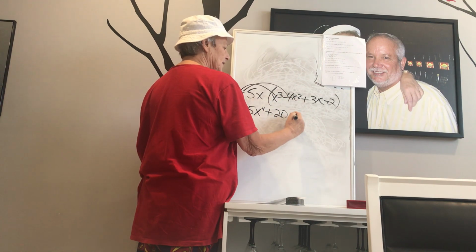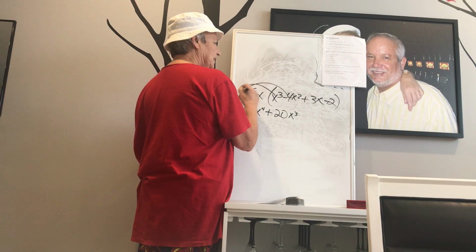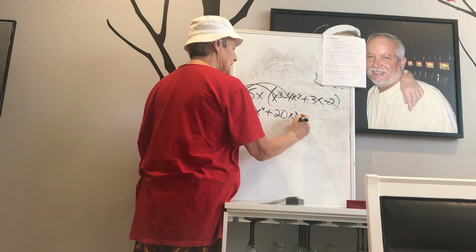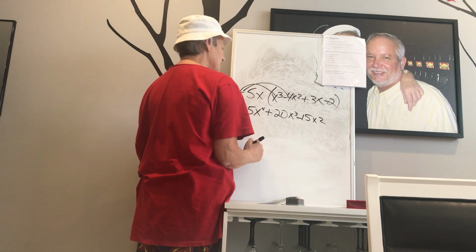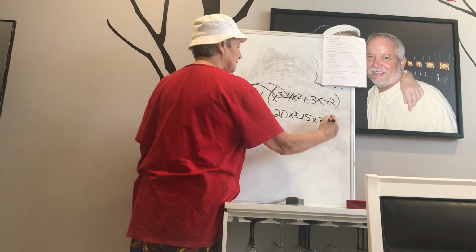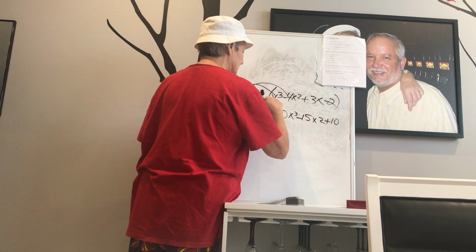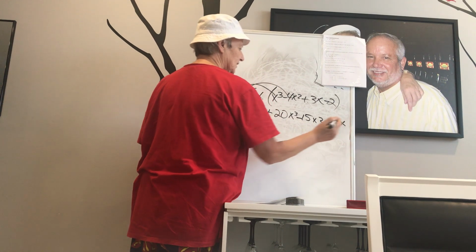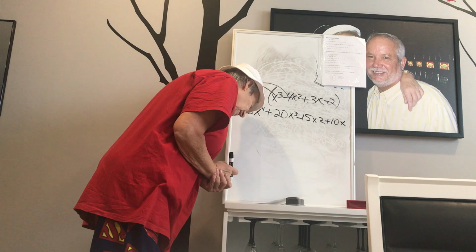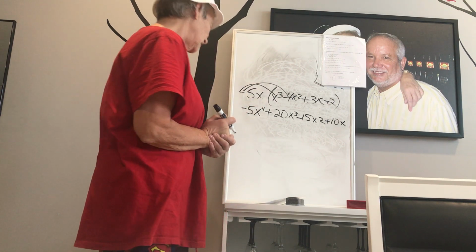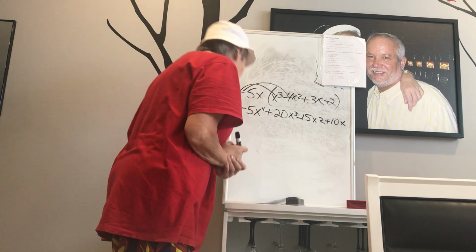X times x squared is x cubed. Negative 5 times positive 3, negative 15. X times x, x squared. Negative 5 times negative 2, positive 10. X times no x is just x. No like terms. And that was number 7 on your homework. Nope. Yes, it was. It was number 7.